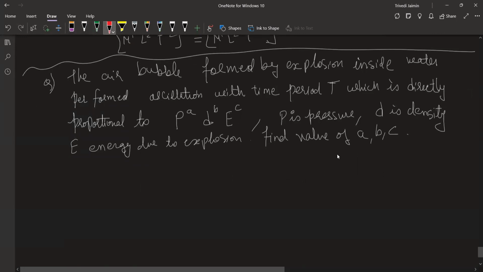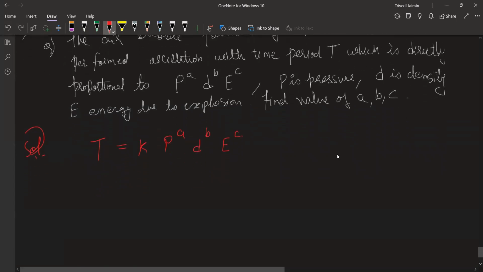Do you want to give a try, or shall I give you one hint first? Let's do the hint first. Let's take T equals some constant K proportional to P^A, D^B, E^C. Now the dimension of K will be M0, L0, T0, so we need not worry about those. But we should know the dimensions of pressure, density, energy, and of T, the time period.